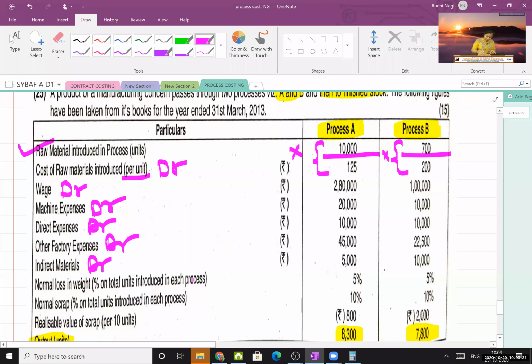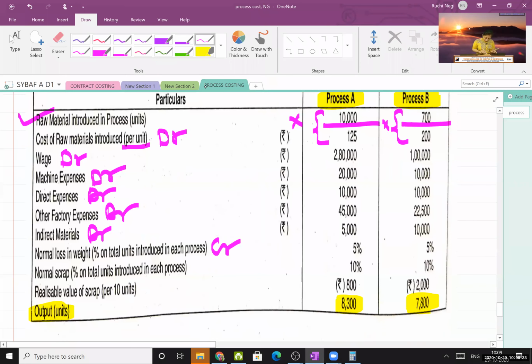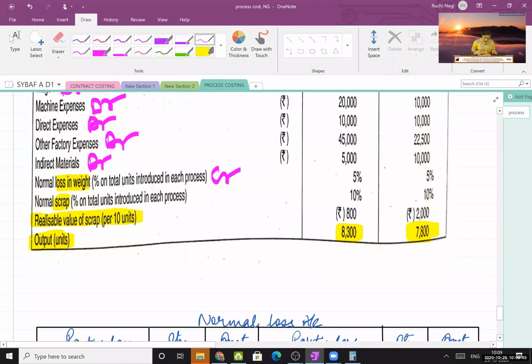Okay. Now listen. Normal loss में you have loss in weight and scrap loss. दोनों दिया. ठीक है? Realizable scrap value दिया है per 10 units. But per unit होता है ना, per 10 units नहीं होता है. So we will have to convert it. ठीक है? Understood the question?